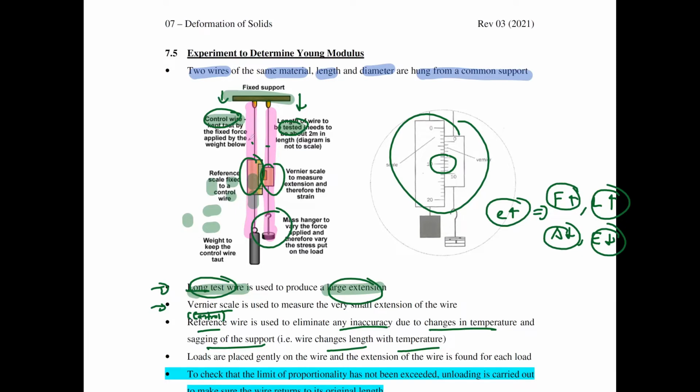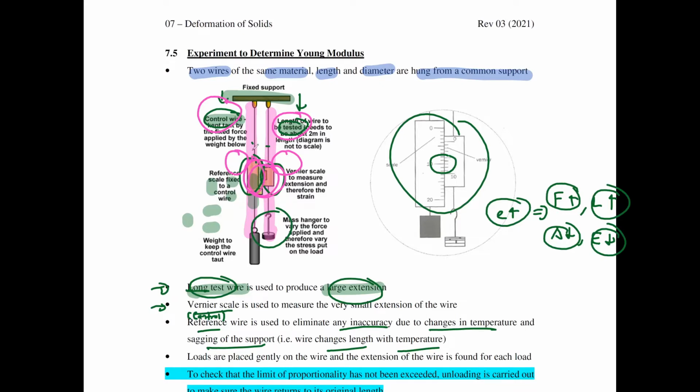The idea is this: if this wire here extends because of temperature change, this wire will also extend because of temperature change, but your Vernier scale is attached to both. So whatever change you have here will also be the same change you have here. Your Vernier scale will change together with both wires.